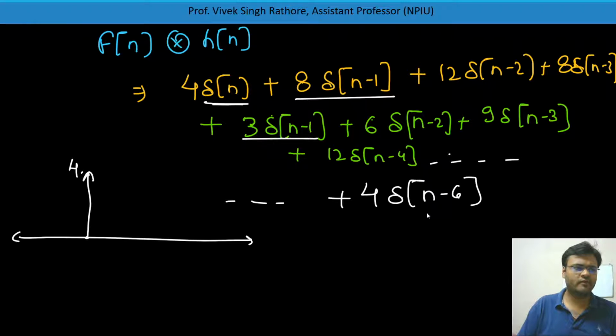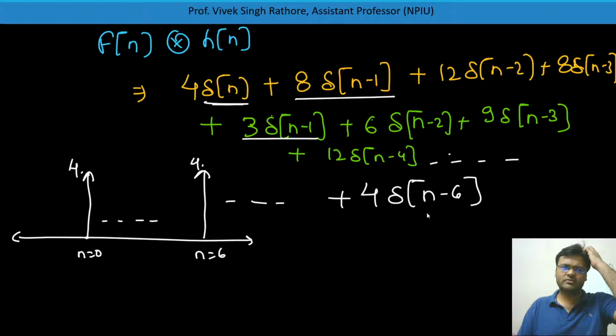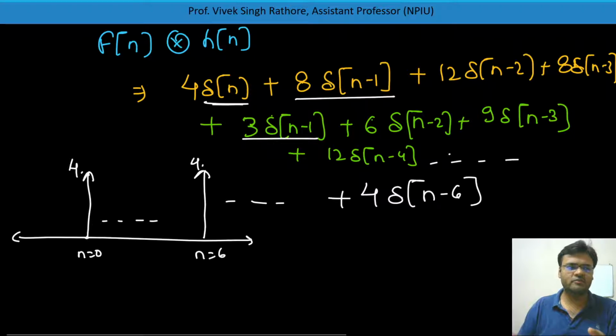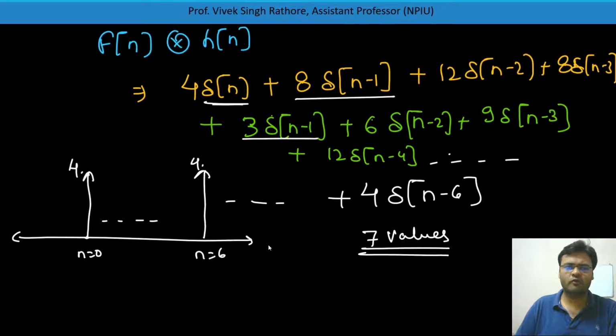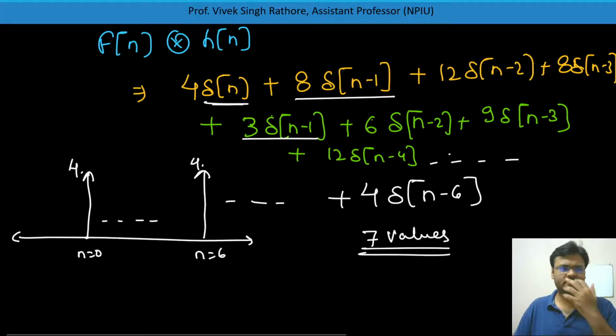So 4 value is there for n is equal to 0, and it will go on till delta n minus 6. So many values will be there. For n is equal to 6, 4 value will be there. So see, from n is equal to 0 to n is equal to 6, how many values? 0 1 2 3 4 5 6, total 7 values are there. Okay, 7 values are there which will come in output.